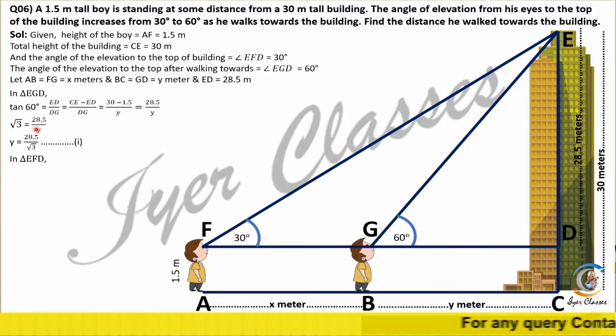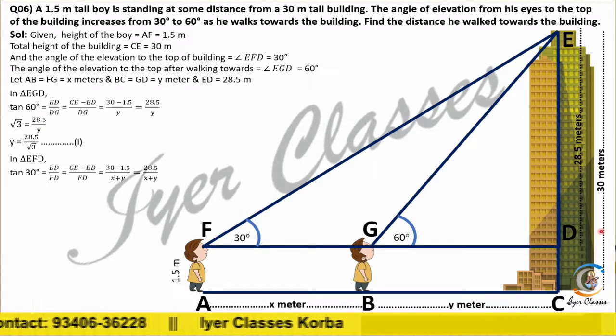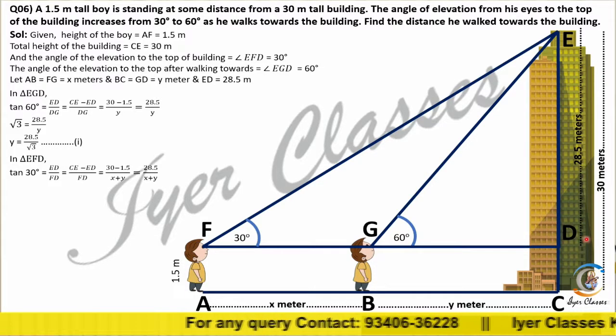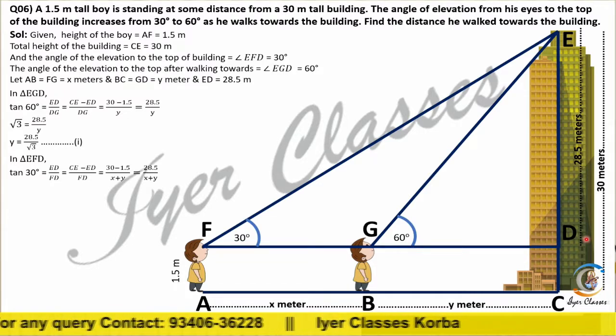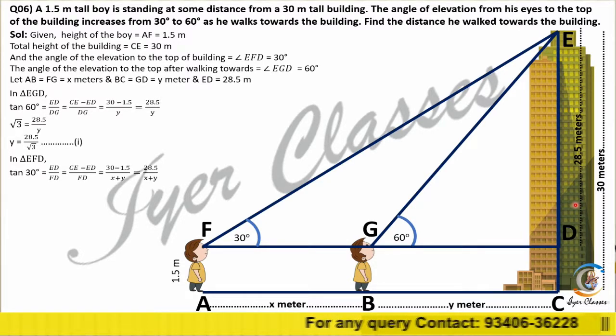Okay, now consider the triangle E, F and D. What you can see here is this triangle, and tan 30 is equal to again perpendicular by base, and perpendicular is ED and the base is FD. So we can write this as 30 minus 1.5, because ED is 30 minus 1.5, and FD, where is this FD?